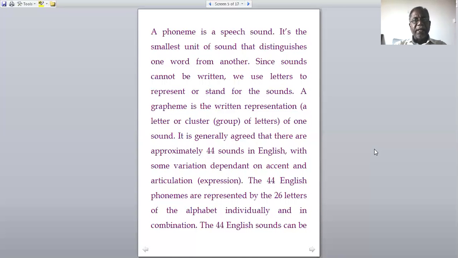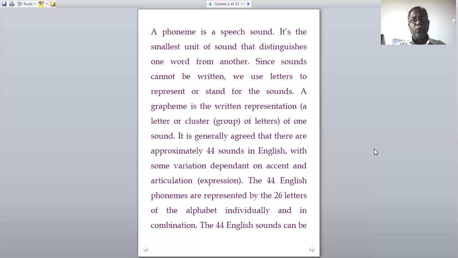It is generally agreed that there are approximately 44 sounds in English. How many sounds are in English? There are 44 sounds, approximately, more or less. That may vary from country to country, people to people, they say differently, but in general, 44 sounds, with some variation dependent on accent and articulation. Articulation means expression.